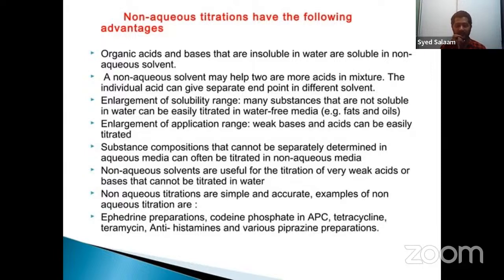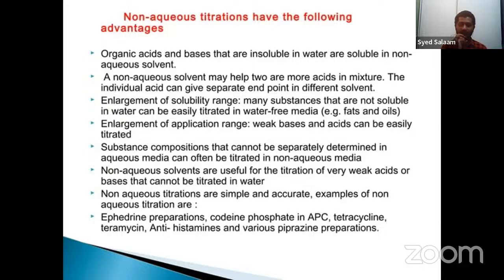And the applicational range is enlarging. There are certain limits where aqueous titrations are unable to give the endpoint. By extending those limits, we can go with non-aqueous titration, like weak acids and weak bases, which we can titrate with a non-aqueous solvent.